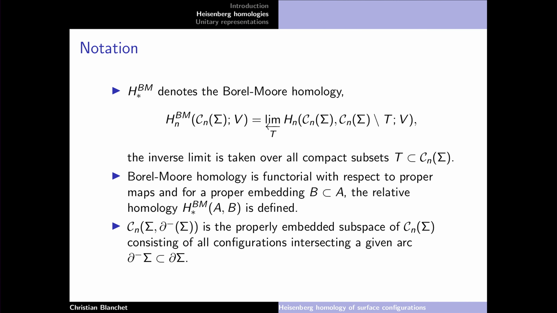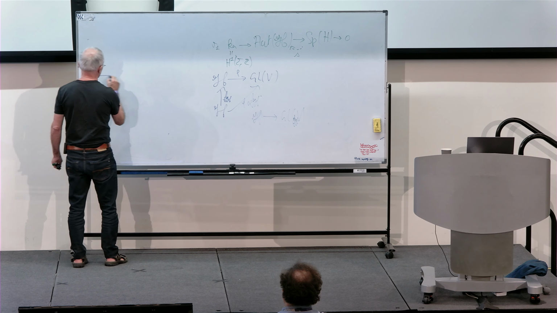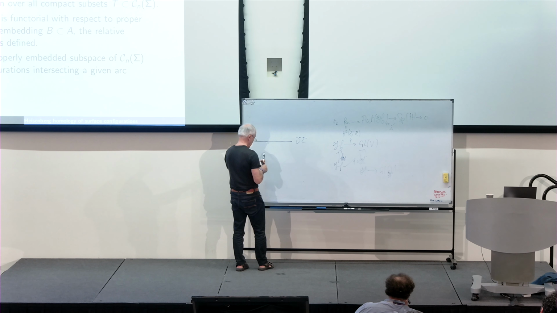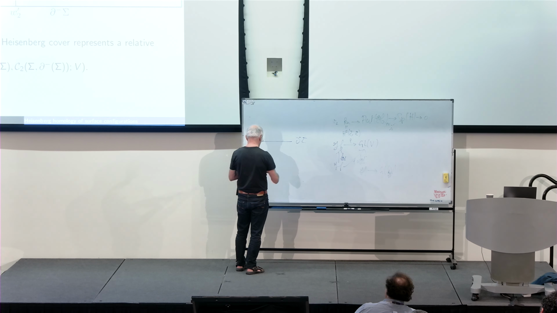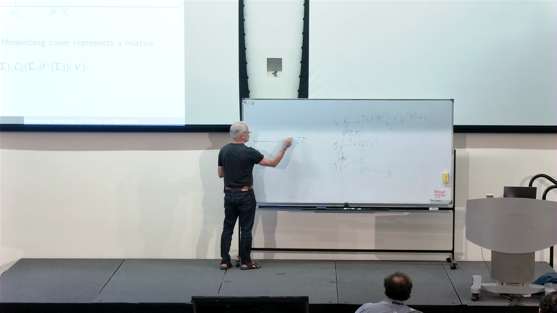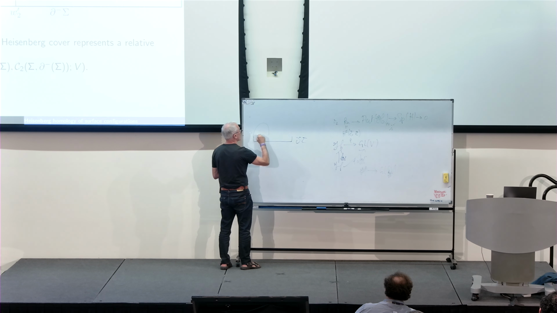So I decompose the boundary of sigma in two parts. I will have boundary minus of sigma, and then I'm gluing handles like this.